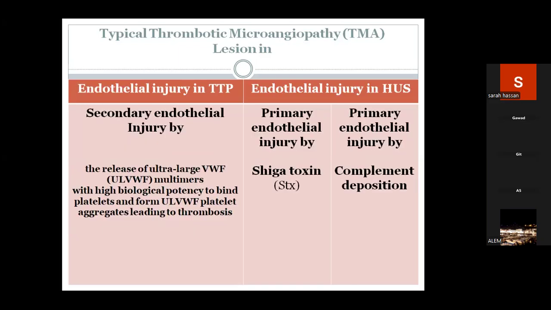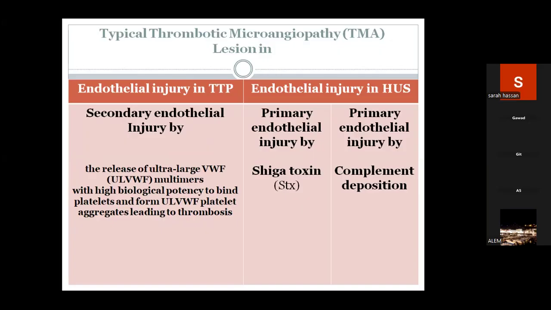So it's a secondary endothelial injury due to the thrombosis. But in HUS, in both typical and atypical HUS, it's a primary endothelial injury, either due to the Shiga toxin or due to the complement deposition.